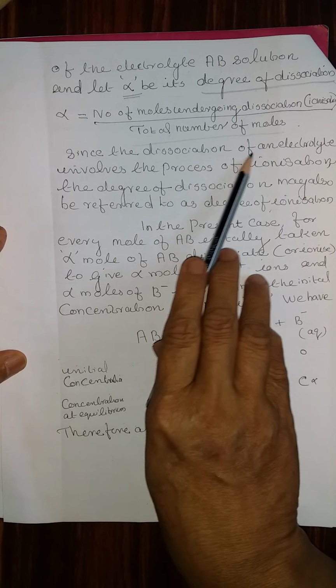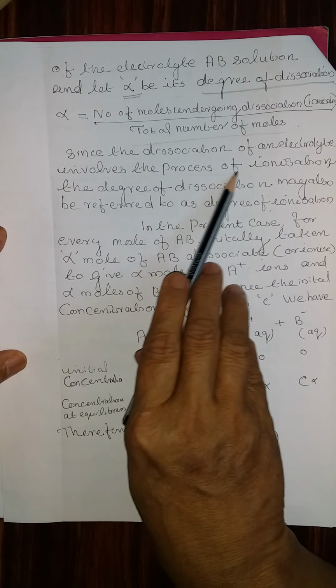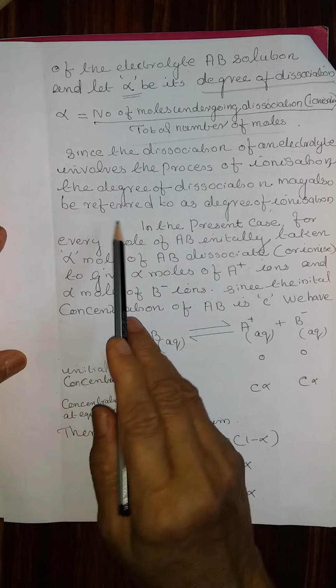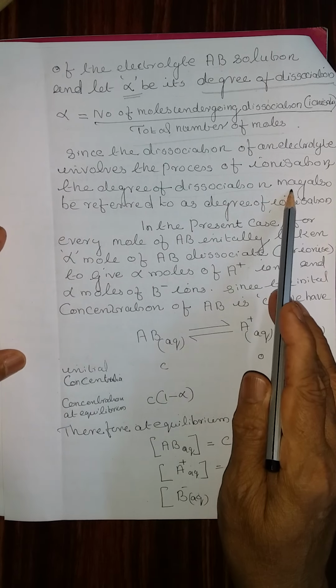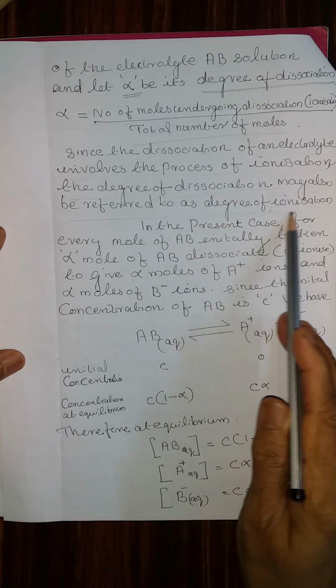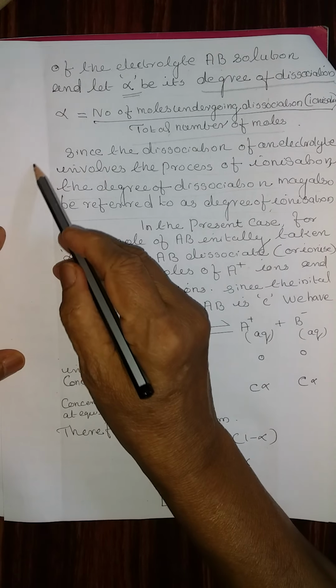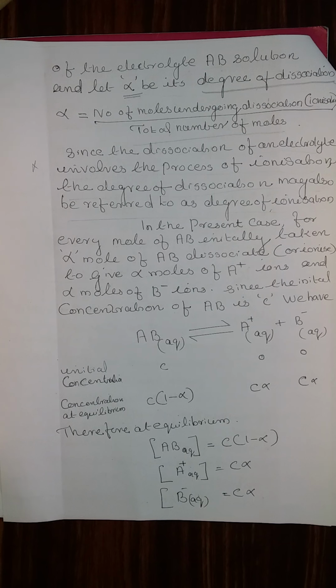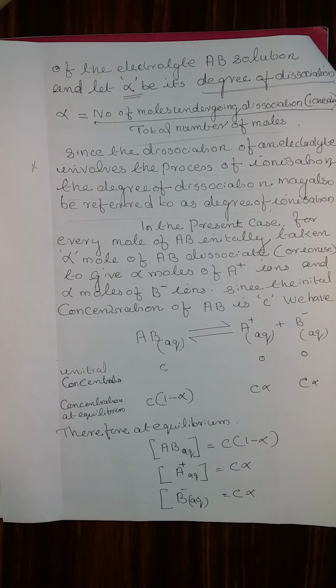Now, since the dissociation of an electrolyte involves a process of ionization, the degree of dissociation may also be referred to as degree of ionization. That means this alpha can be known as either degree of dissociation or degree of ionization.